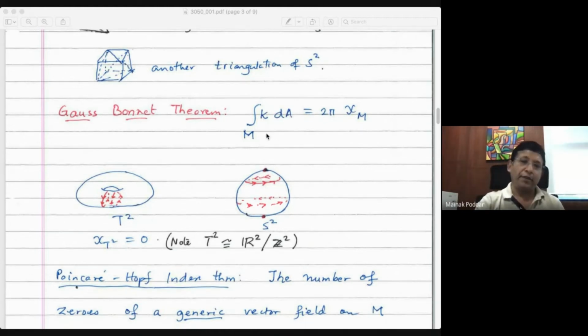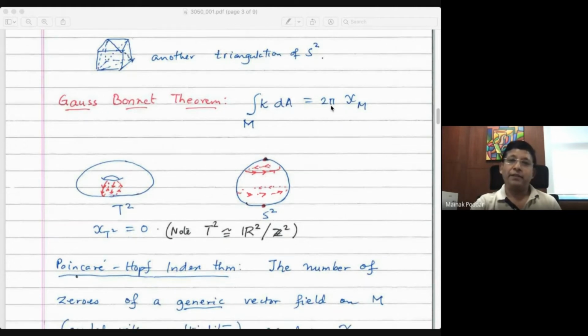On charts, dA would be some multiple of dx dy, like what you have in calculus. So for the manifold, the Riemannian metric gives me a good notion of area on the surface, and I integrate, and what we get is 2 pi times the Euler characteristic.